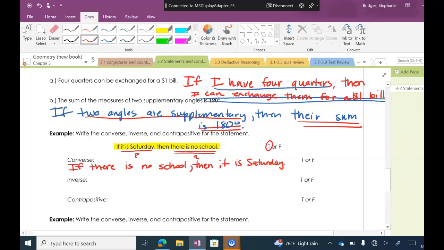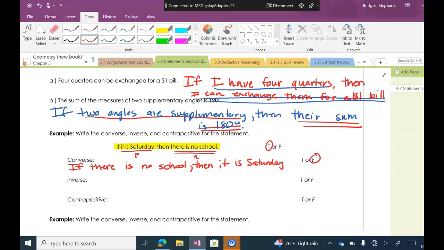Okay, so all I did was I switched my hypothesis and the conclusion for the converse. Is that true or false? That's false. Okay, because if there is no school, it could also be what day? Sunday. Yeah.